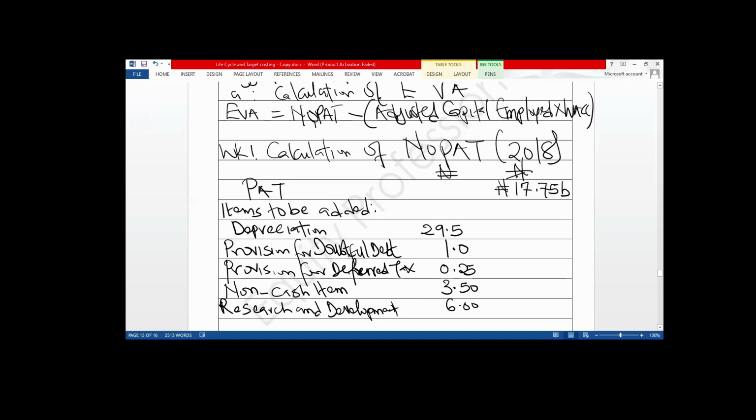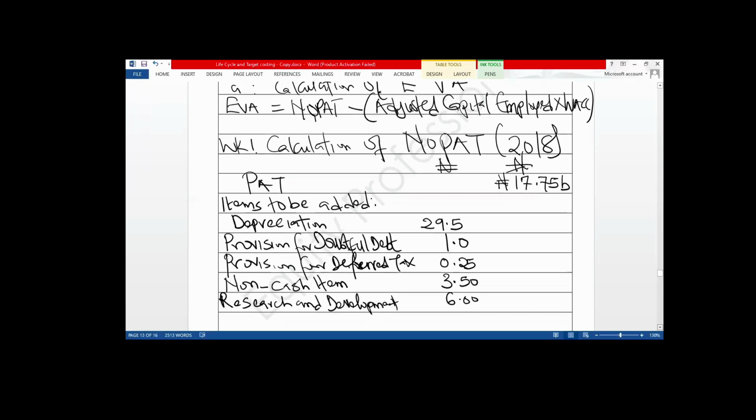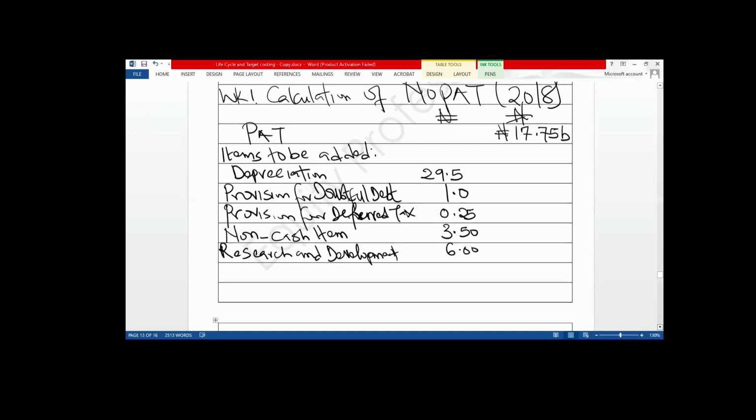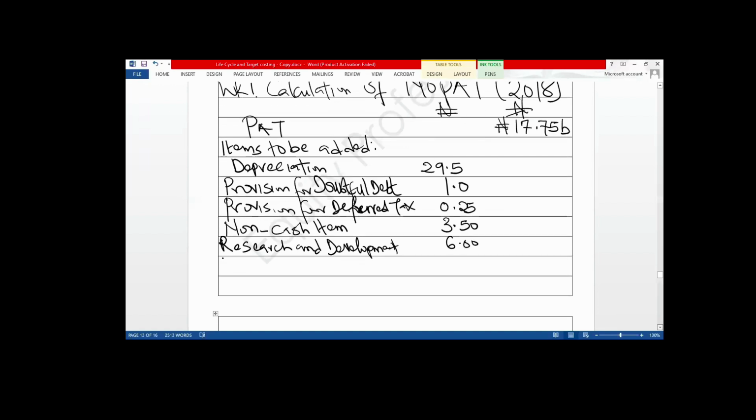Do we have finance charge for 2018? That is interest, net of tax. Yes, we do. 11.5. So the finance charge was 11.5 billion. Now net of tax. Look at the working. 11.5 multiplied by bracket 1 minus the tax rate.